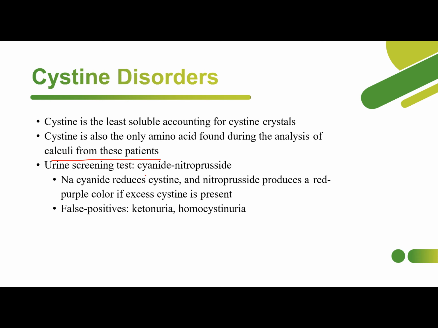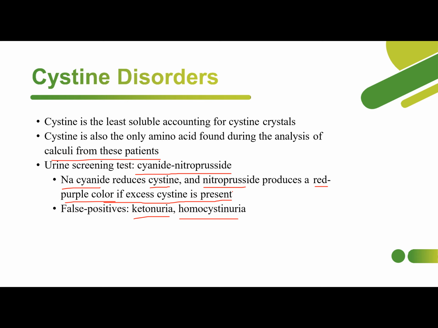Now, the urine screening test is known as your cyanide nitroprusside. So, sodium cyanide would reduce cystine, and nitroprusside would produce a red-purple color if there is excess cystine present. False positives are seen in urines with high amounts of ketones, or ketonuria, and homocystinuria.